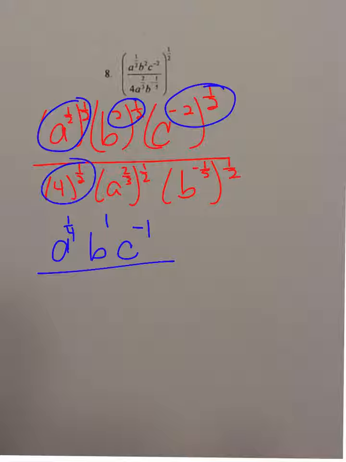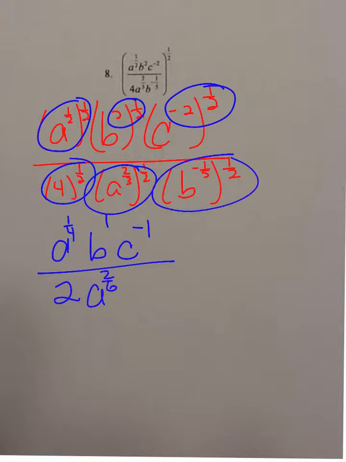Now, we haven't talked about how to actually evaluate 4 to the 1/2 power. So you could just plug it in your calculator, and that actually comes out to be 2. A to the 2/3 raised to the 1/2 is a to the 2/6 power. And b to the negative 1/5 raised to the 1/2 is b to the negative 1/10.